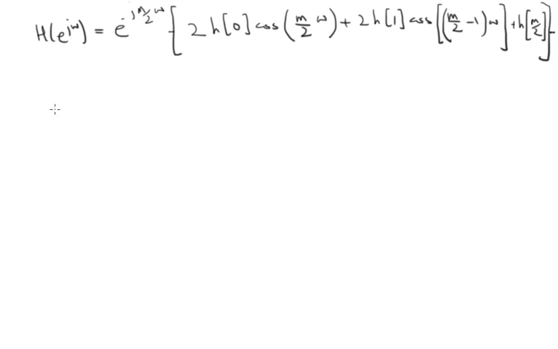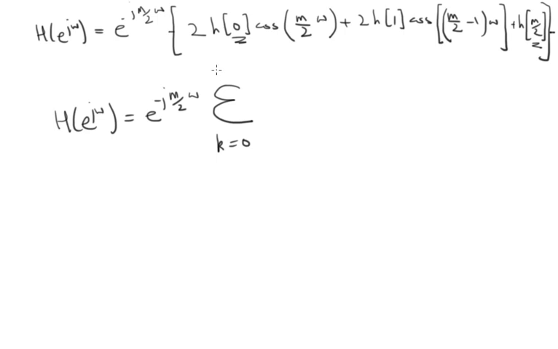Which can be represented as e raised to power minus j m by 2 omega, summation k is equal to 0 to m by 2 ak into cos of omega k.